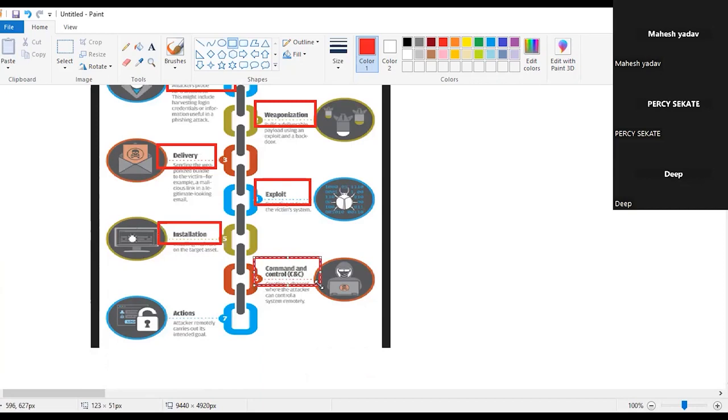So the attacker maintains the persistence through it, whenever it can communicate to that shell anytime, anywhere. So that's why it's known as command and control center (CNC). And after that, the attacker can execute any action he wants on the target.